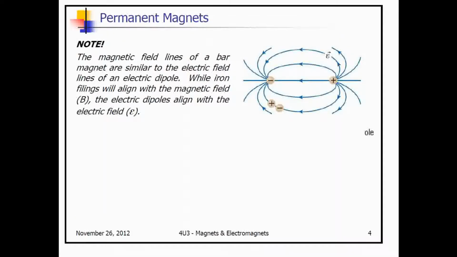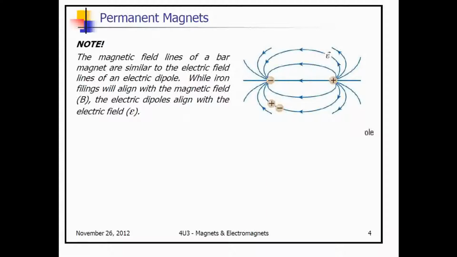The magnetic field lines of a bar magnet, you may notice, match the electric field lines of an electric dipole. For an electric dipole the direction is from positive to negative, and there is no kind of inside.